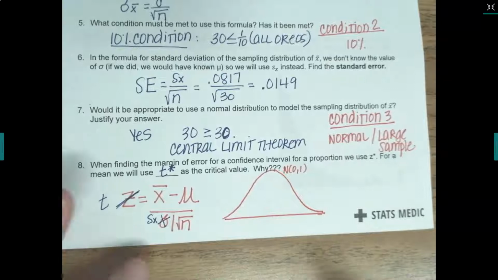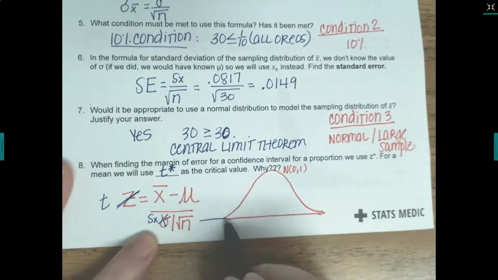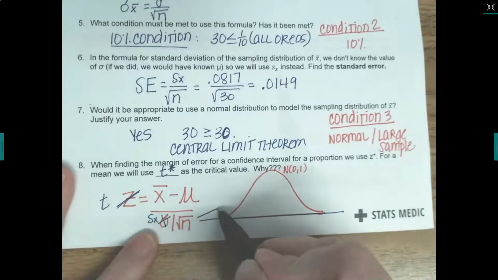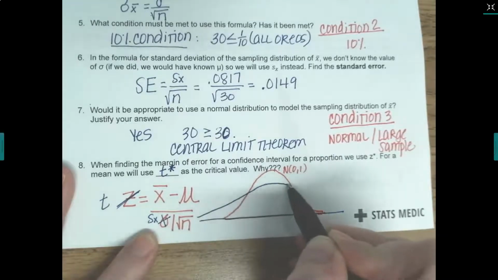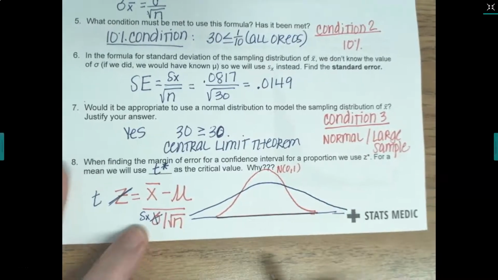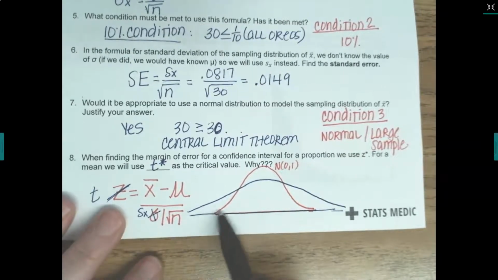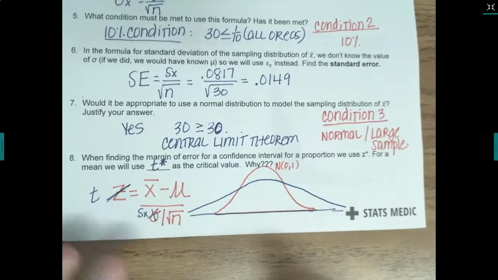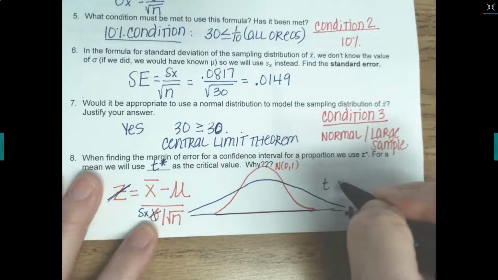But our t-distribution, if we lined it up on the same number line and looked at it, it's going to have more area out on the wings and be flatter, because it really allows for more error because of using two numbers from a sample. Okay, so this is our t-distribution.